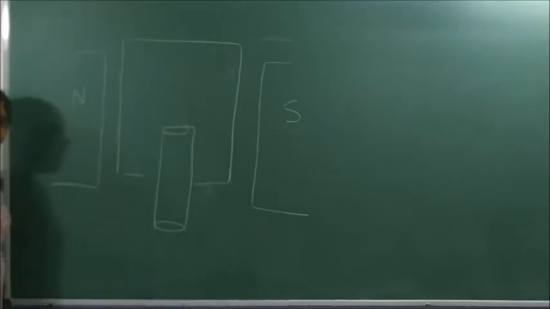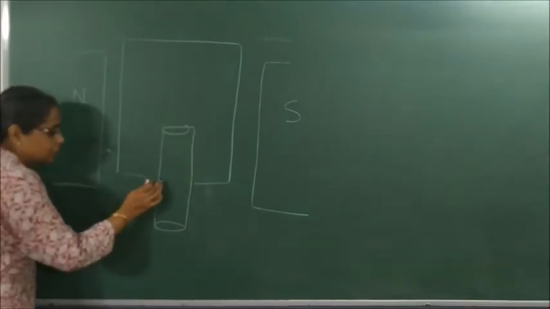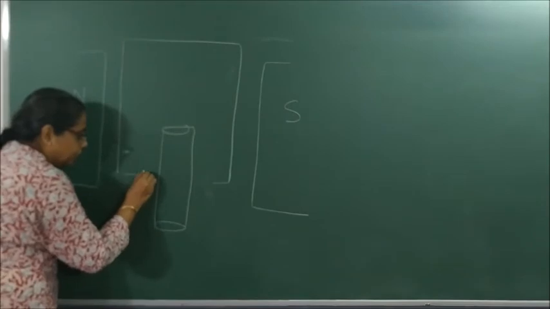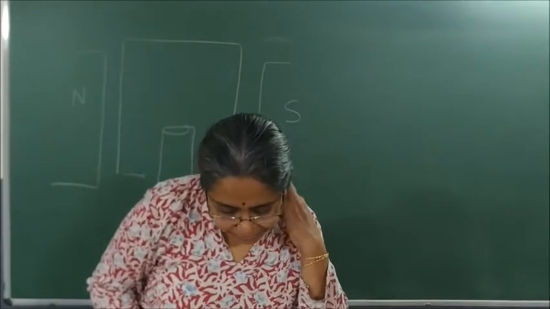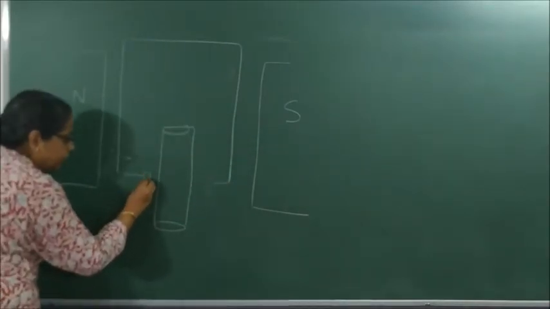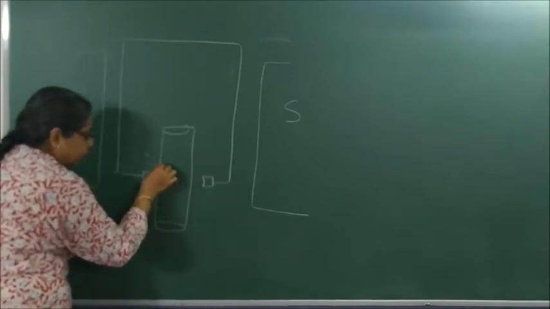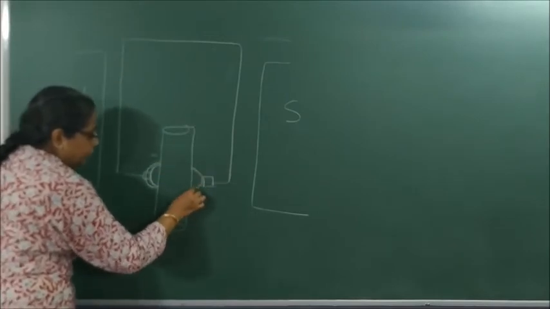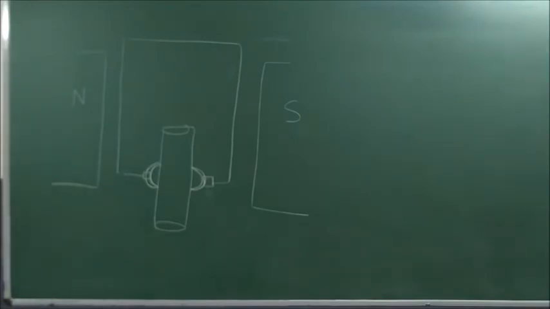Correct? And these two ends are then connected to what? Carbon brushes, which in turn are connected to a split ring commutator. It is connected to what? A split ring commutator.